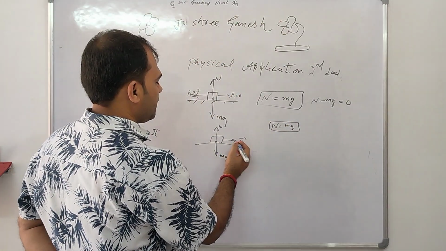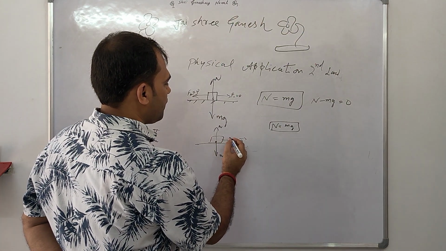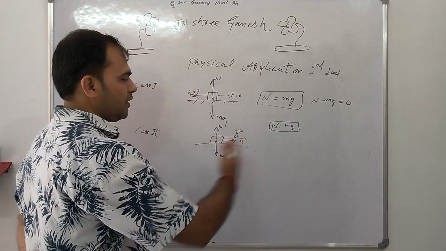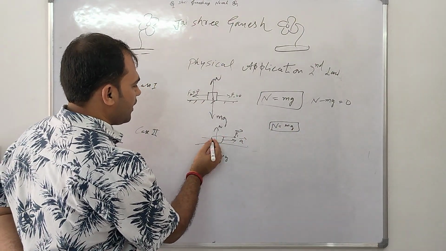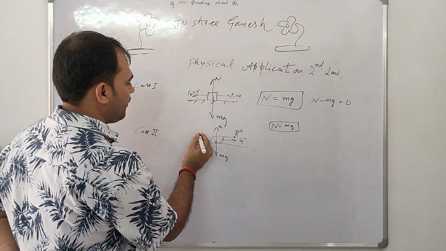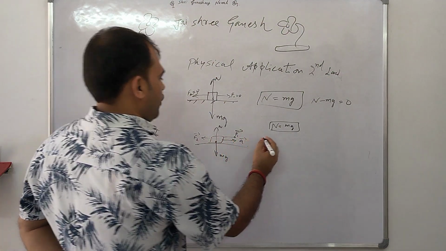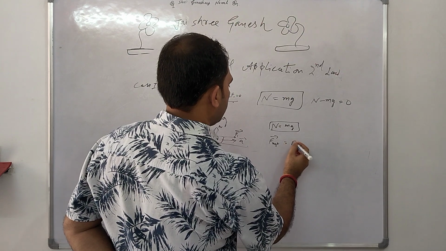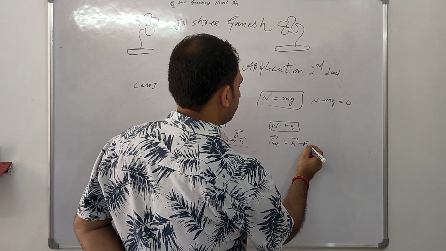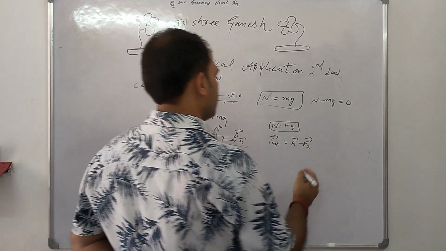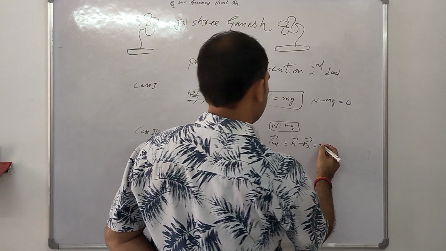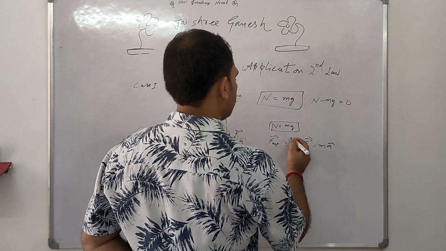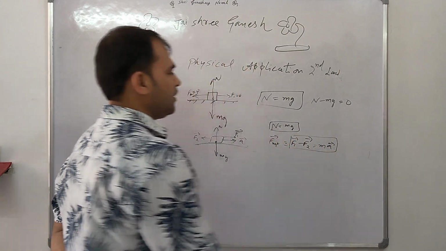And let F1 be the force towards the right direction and F2 towards the left. So F net will be F1 minus F2, that will be equal to m into a. This is the second case.